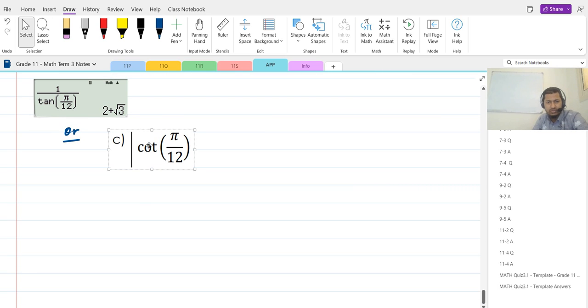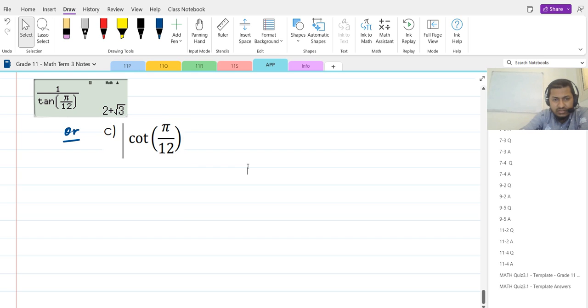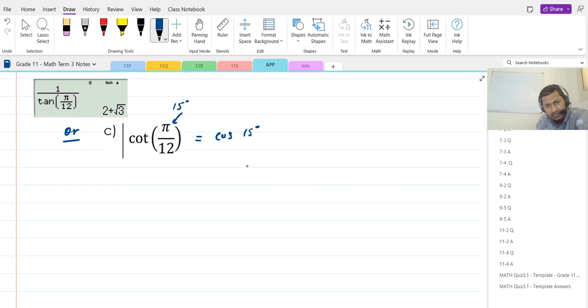Right, so cot pi by 12 is equal to cos, remember this is 15 degrees, so that is cos 15 over sine 15. Now what is 15 degrees? We were always using 45 and 30. Remember we can also use 60 and 45.